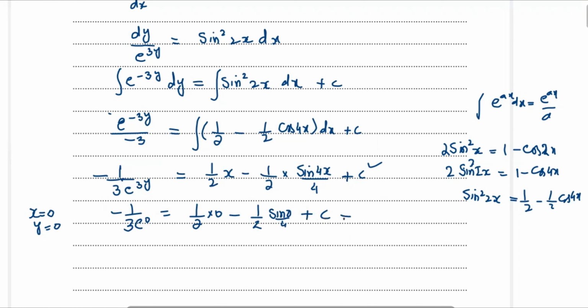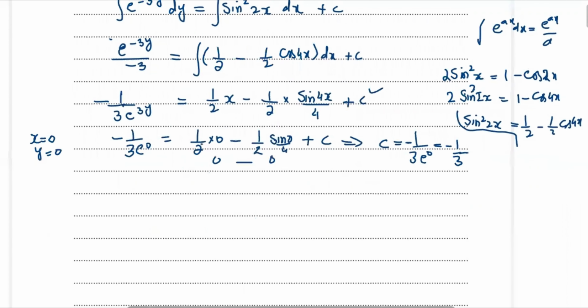You see here that the equation becomes minus c will be equal to 1 over 3 e power 0, and that is equal to minus 1 over 3, because e power 0 is 1, and all other values will be 0, and sine 0 is 0. Therefore 0 minus 0 is 0. Therefore c will be equal to minus 1 over 3.